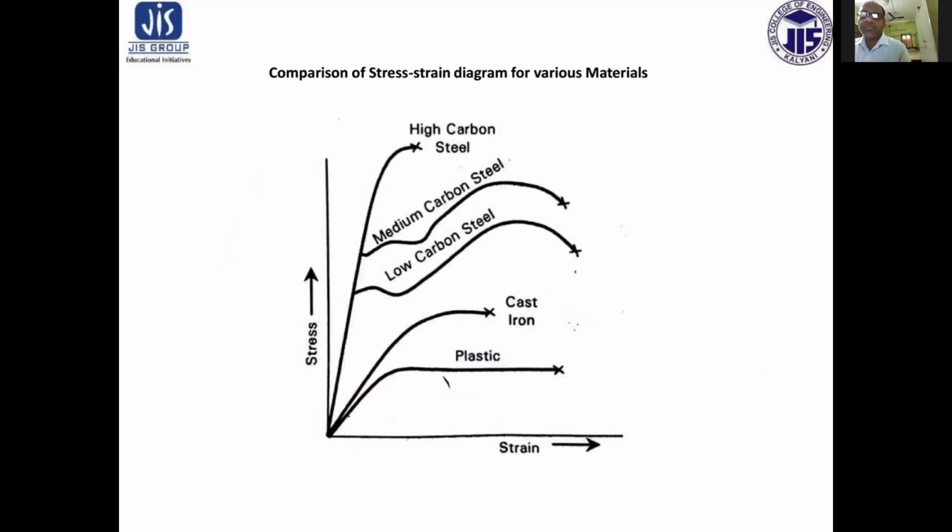Now a comparison of stress strain diagrams of various materials is shown: first of all plastic, cast iron, low carbon steel, medium carbon steel and high carbon steel. High carbon steel also behaves like a brittle material, as the carbon percentage increases.